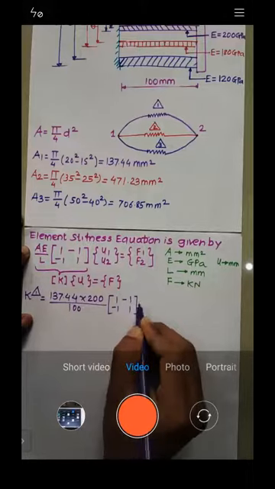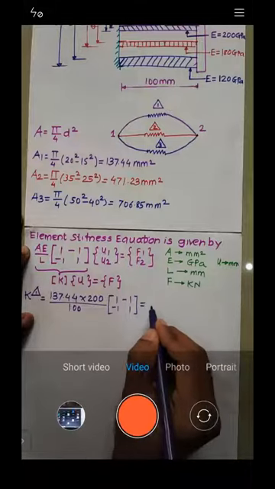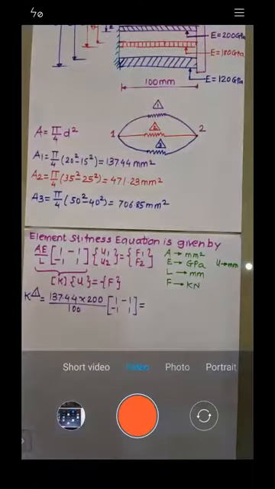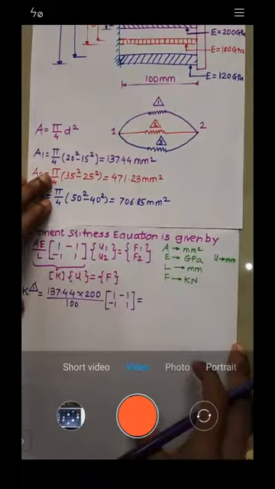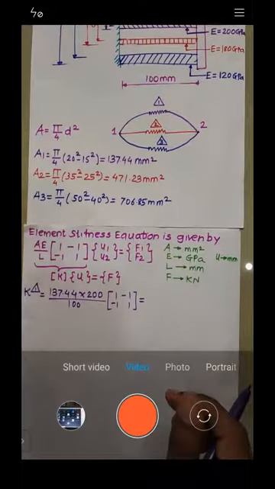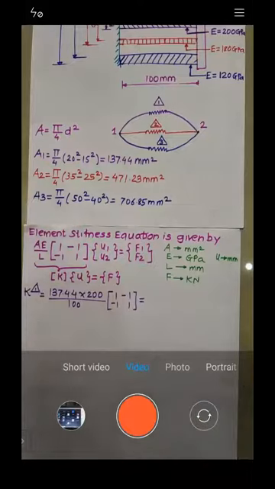So can you tell me how much it is coming to? Do the calculation and let me know.